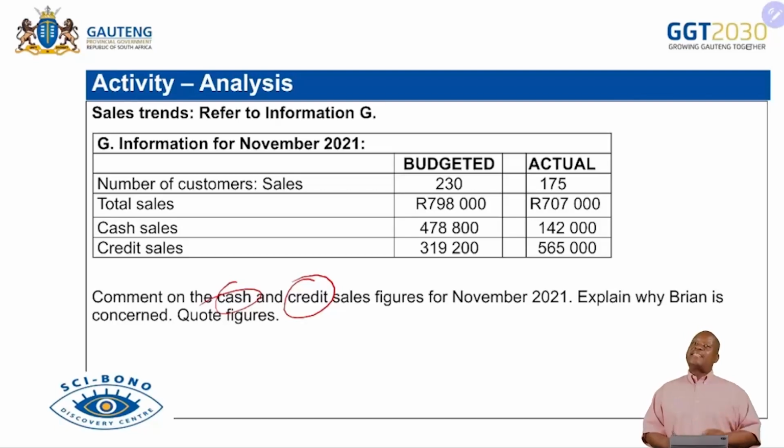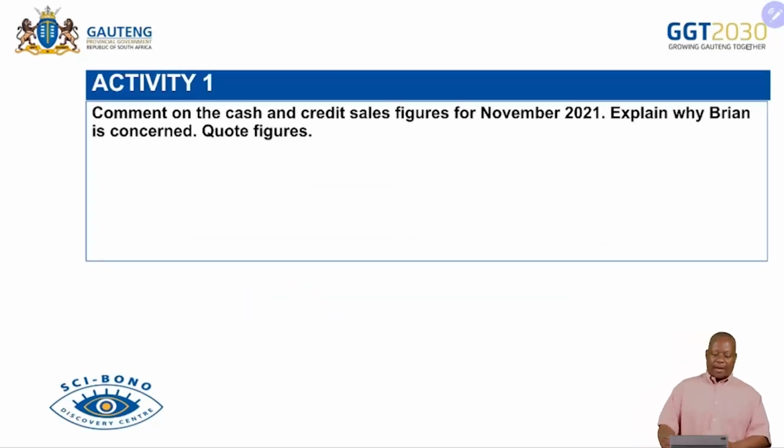Because remember, credit sales is: give me the goods now and leave you with no cash. I will pay later. Now, we had budgeted to receive more cash sales and less credit sales, which means we had budgeted to receive more of our cash now than later. And this is not taking place. It is really concerning to Brian.